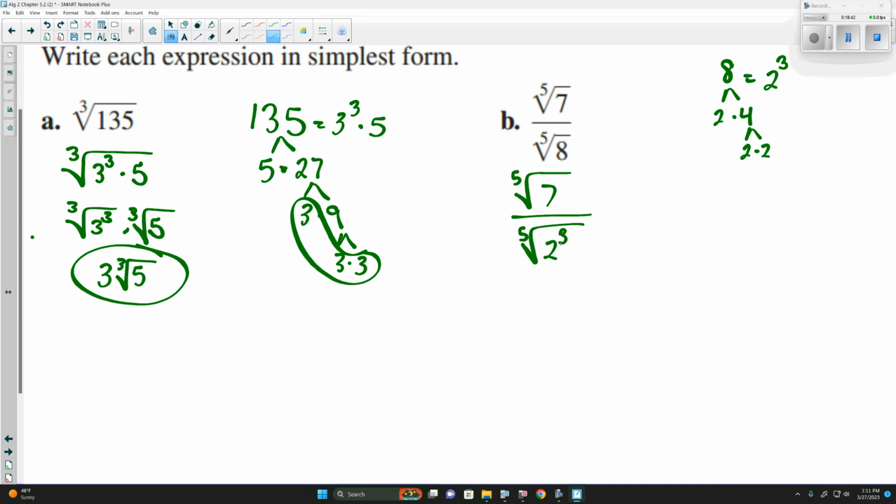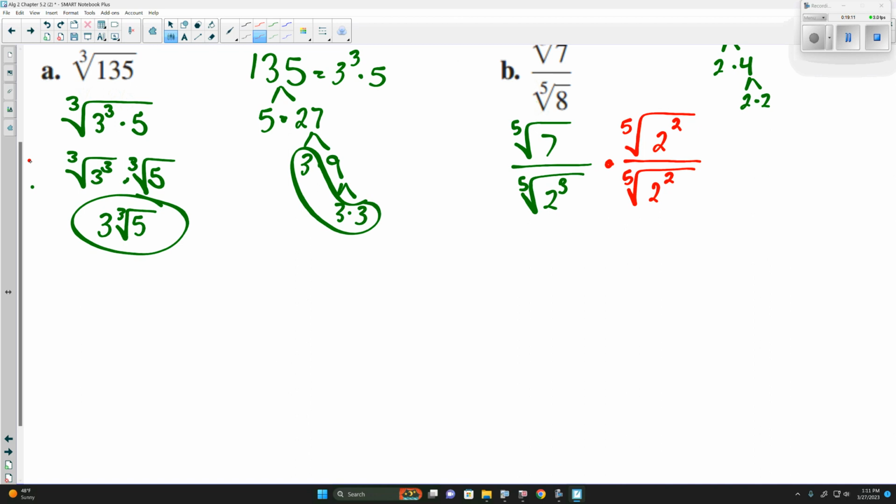2. So what we can do is multiply this on top and bottom by the fifth root, because we need the roots to be the same, of 2 squared. Because we're going to multiply the denominator by however many factors we need to get it to simplify out. So here, the only one we have is 2, and we need 5 of them to simplify with the fifth root, because that's the next amount that we need.